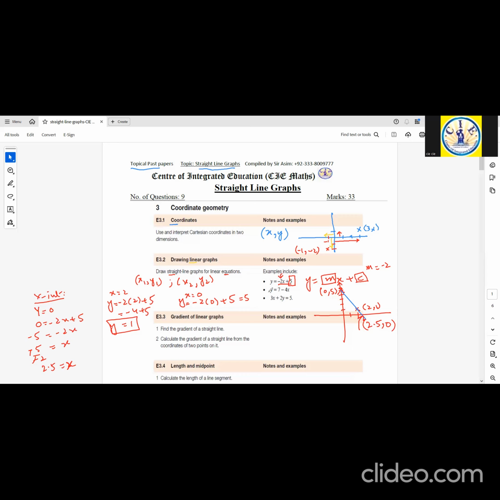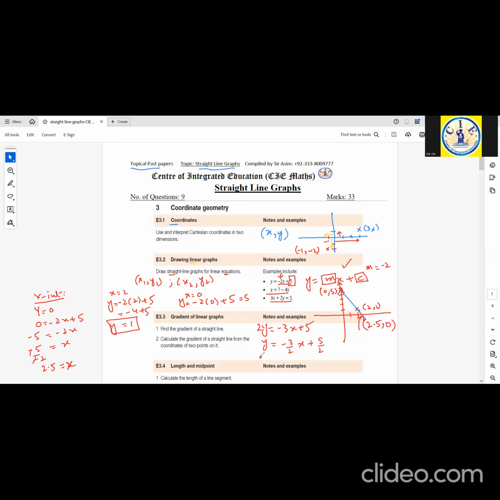Same way we can do the plotting and drawing the graph of this one and this one. But before drawing the graph of this equation, it's better if we can convert it back into this form, y is equal to mx plus c. That means 2y is equal to negative 3x plus 5. And then the value of y is negative 3 by 2x plus 5 by 2.